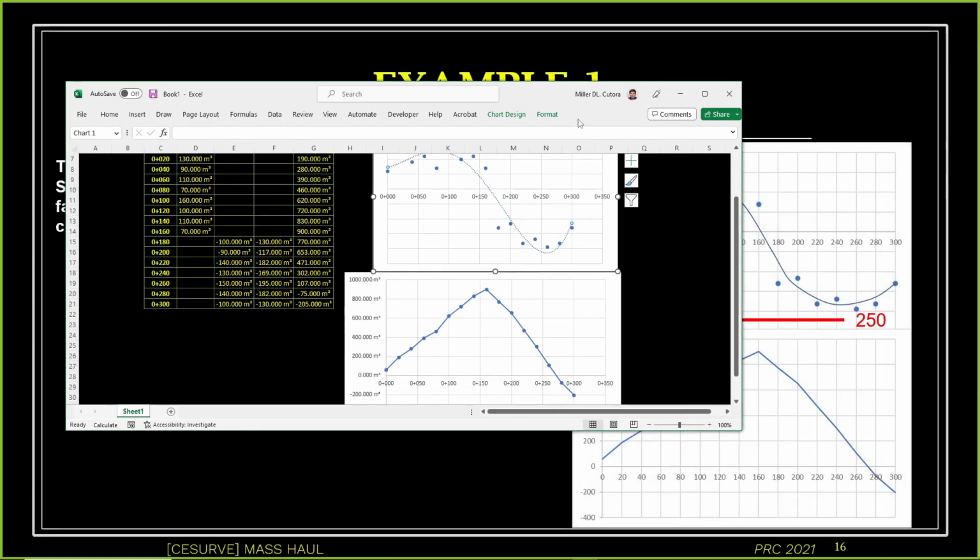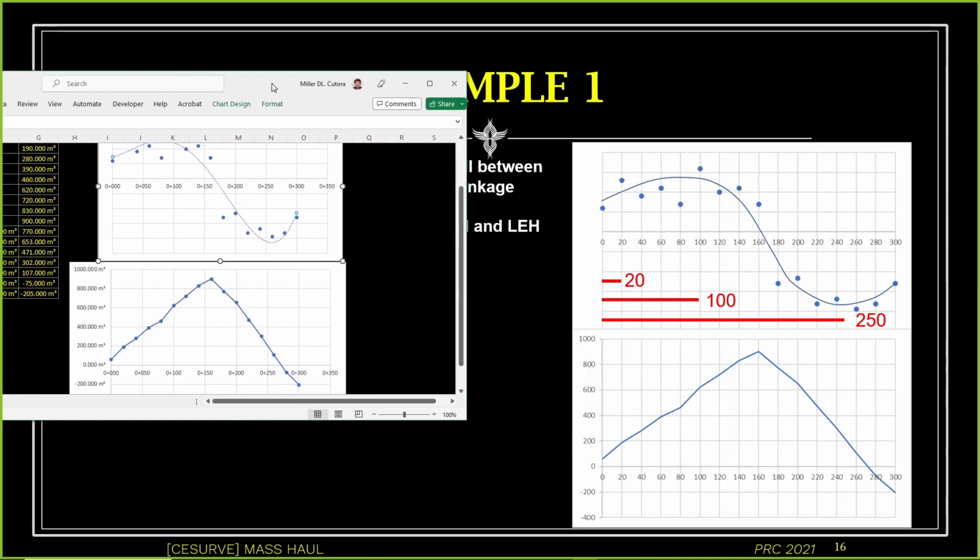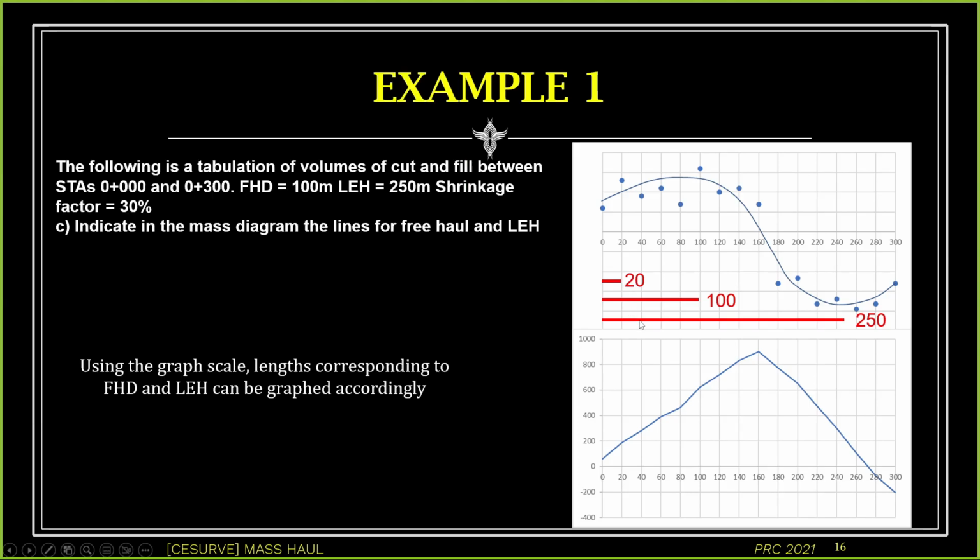Next is we will denote what 20, 100, and 250 are. What was 20 again? 20 refers to the per station, because that is the distance traveled per 20 meters. Then 100 is the length of the freehaul diagram. And 250, on the other hand, is the limit of economic haul.